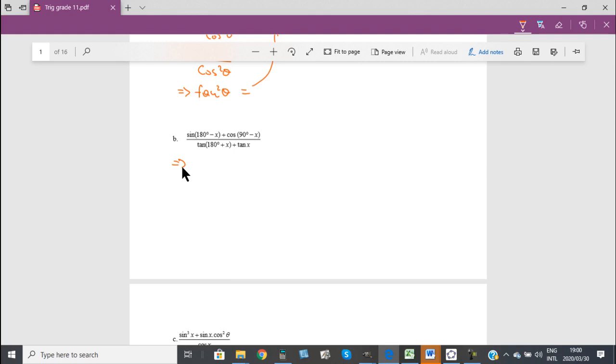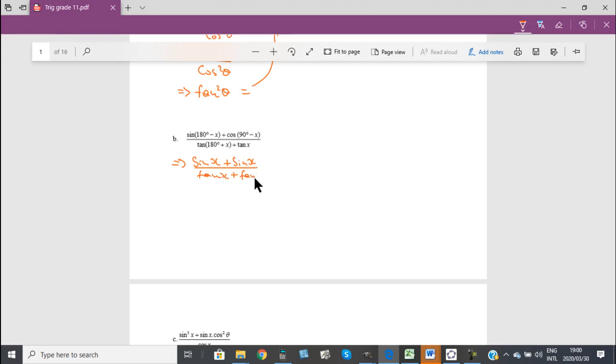Fine. Down here, sine of 180 minus, it's positive, so this is just sine x, plus cos of 90 minus, it's positive, but it changes to sine, so sine x plus sine x. Then tan of 180 plus, it's positive, so this will be tan x plus tan x.